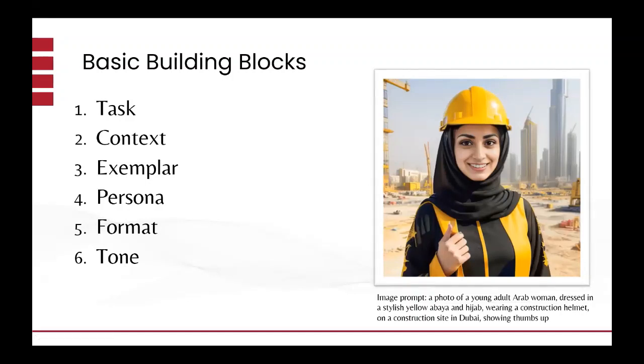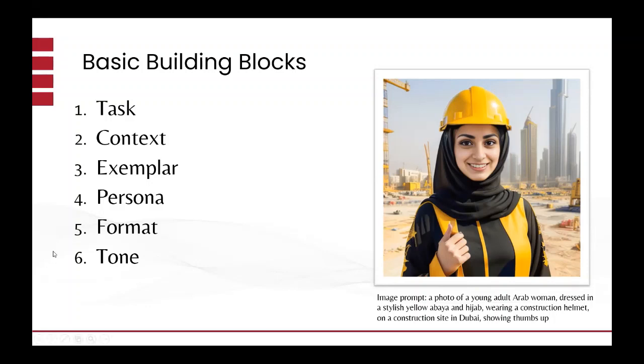Now we look into some of the basic building blocks of prompt engineering. We have listed some components here, based on importance. You can see task, context, exemplar, persona, format, and tone. These six elements are the building blocks of prompt engineering.